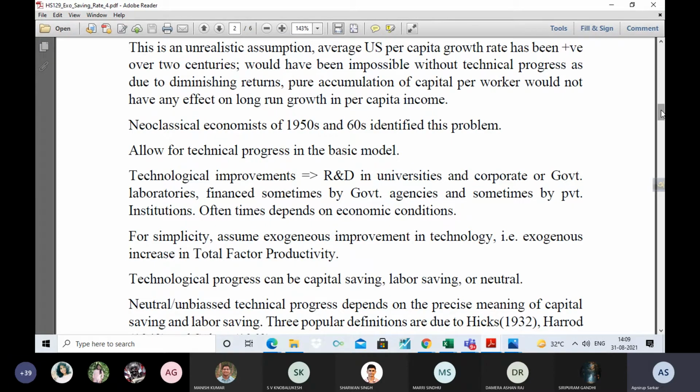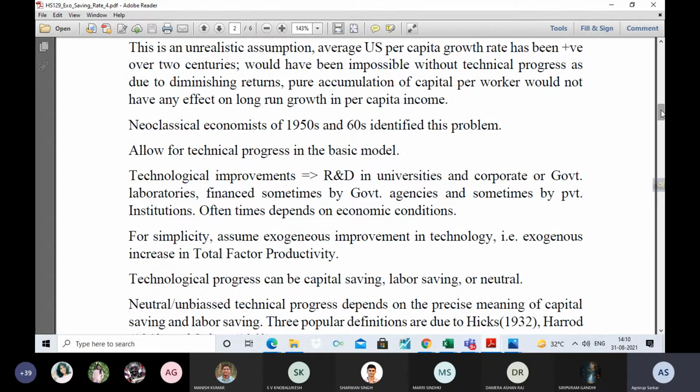However, technological progress in the case of the United States clearly paved the way for the long run average per capita growth rate to be positive for a period of more than 2 centuries. In the absence of technological progress, as I mentioned, diminishing returns would have made it impossible to maintain per capita growth for so long just by accumulating more and more capital per worker.